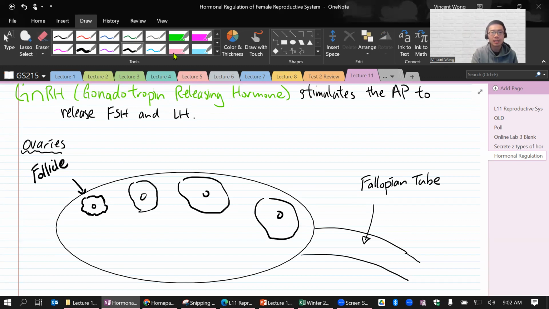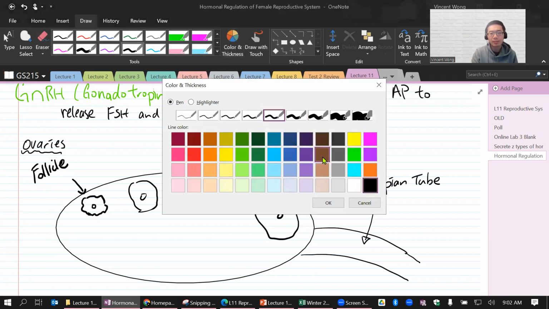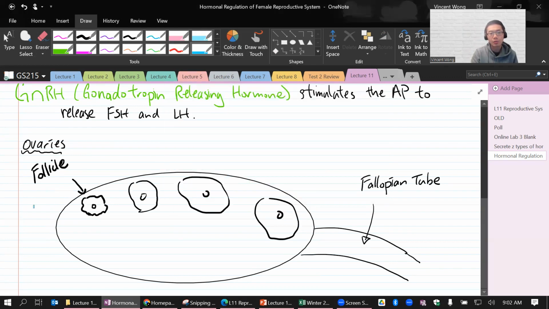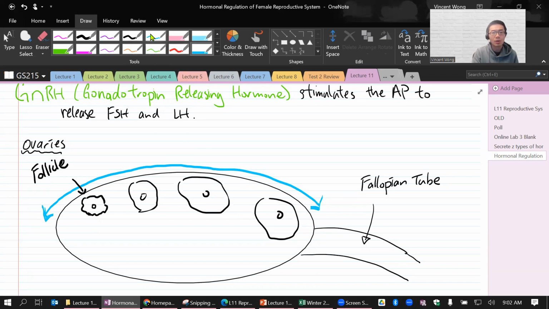So this phase here, if we assume the cycle is 28 days, this would happen during the first 14 days. So this is called the follicular phase.